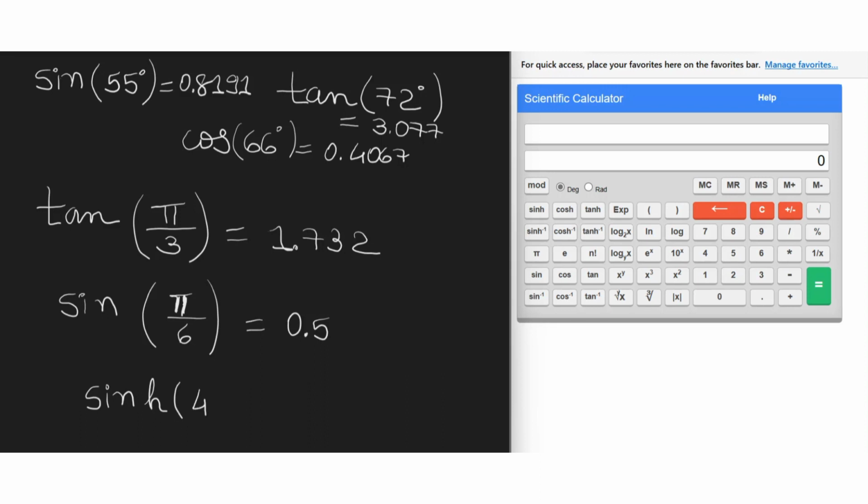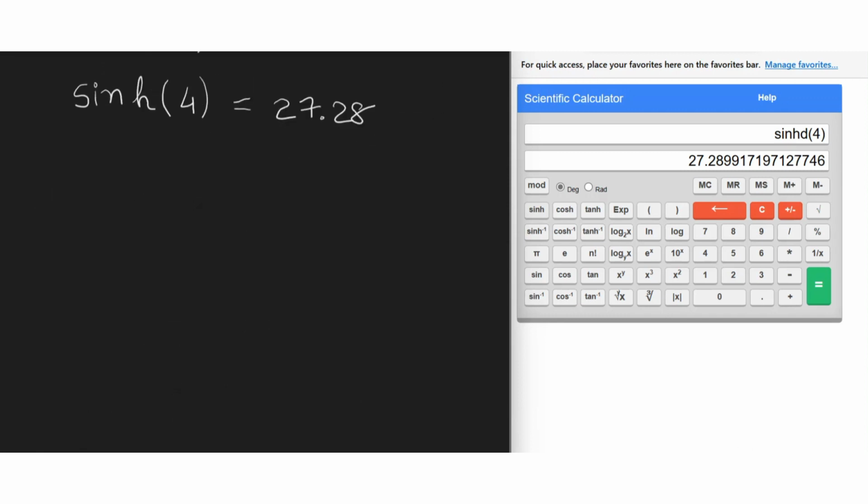Now I'm taking another example, hyperbolic function, sinh 4. For that, press 4, then the sinh symbol and equal to. So we get 27.2899. Then suppose I'm having cosh 4.